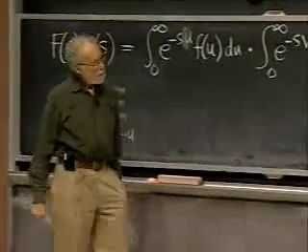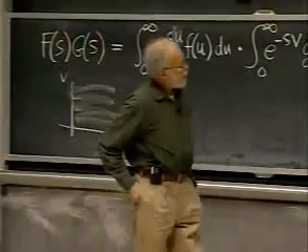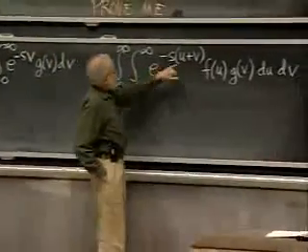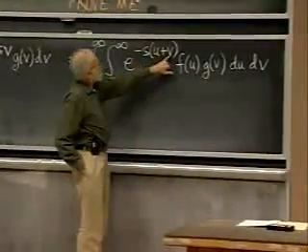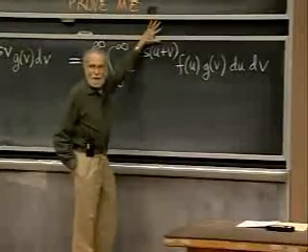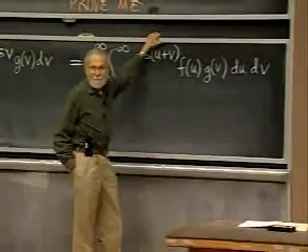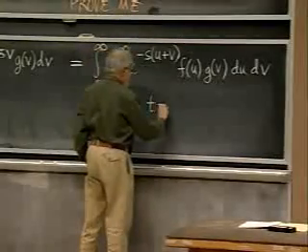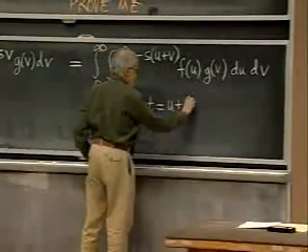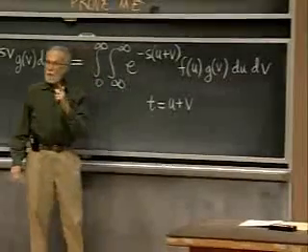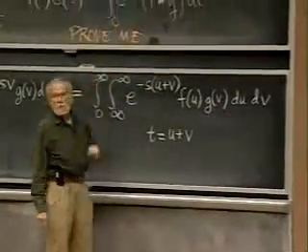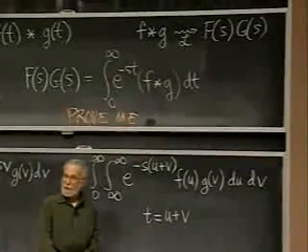Now, let's take a look. What are we looking for? Well, we would be very happy if u plus v were t. Let's make it t. In other words, I'm introducing a new variable, t equals u plus v, and it's suggested by the form in which I'm looking for the answer.